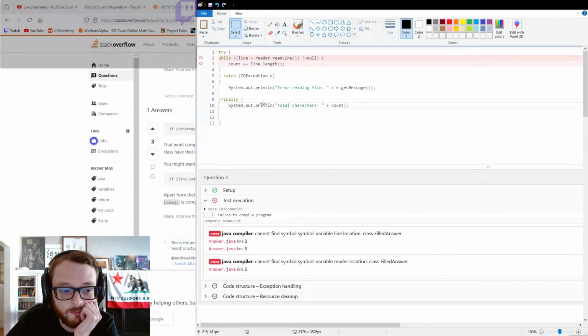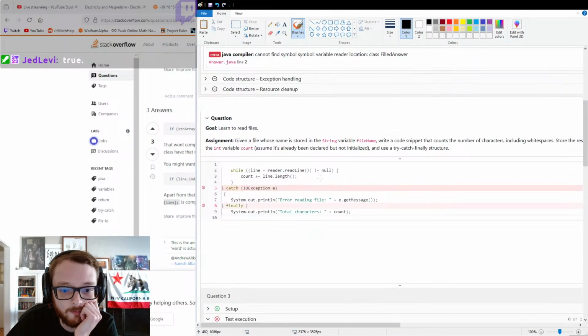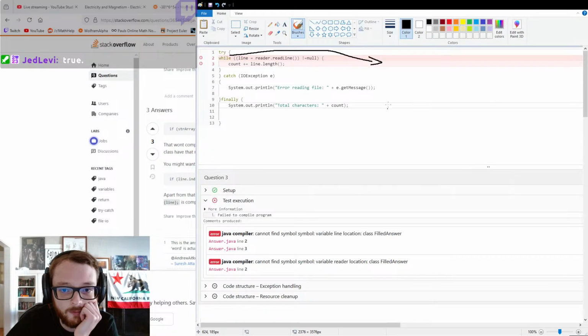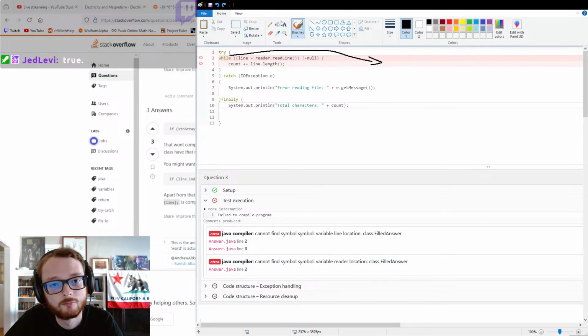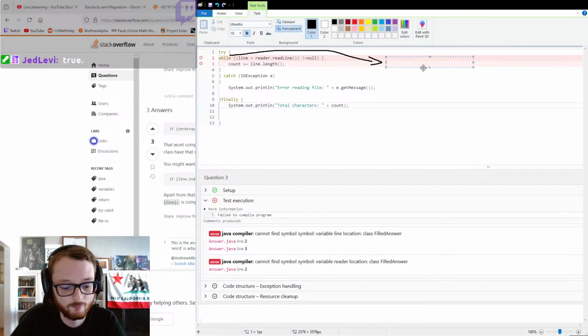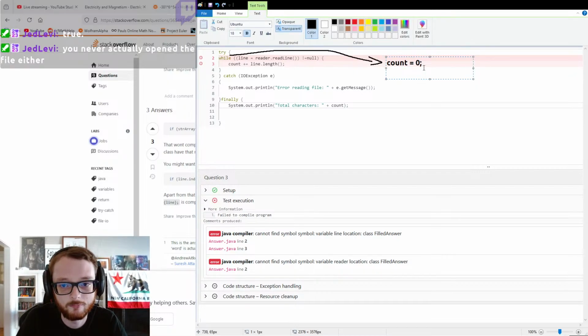So critically, you need something up here to define the stuff that they don't define for you. They say count isn't initialized, so you need to say count equals 0. You need to do something with Scanner, new Scanner file name, I think.